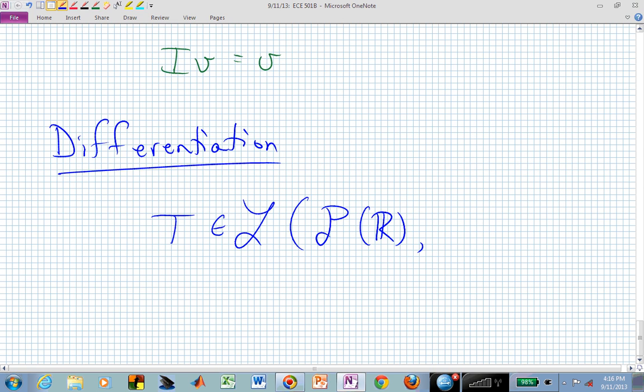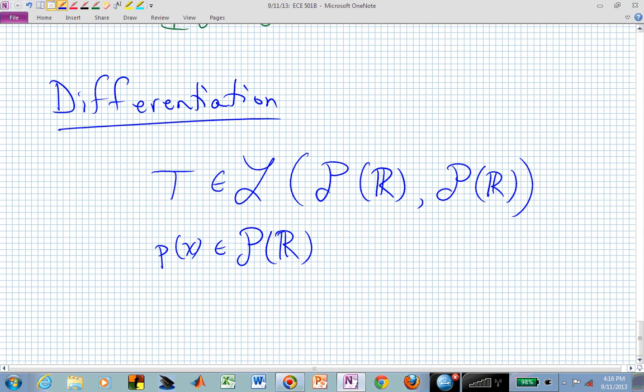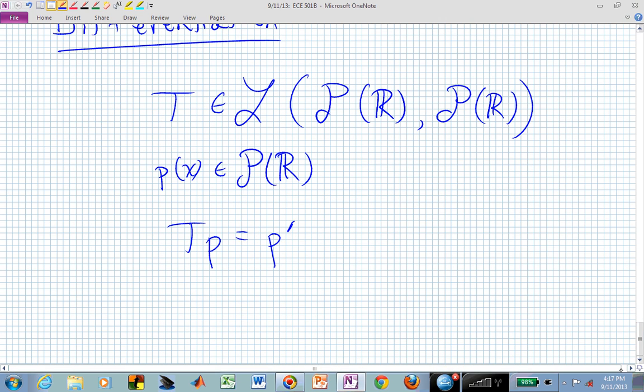Let's not get too specific right now. Let's just say that that maps back into itself, the set of all polynomials with real coefficients. That means that if you had a P of X pulled from this set of polynomials, then if you operate on that, we'll just say that that's P prime, the derivative of P with respect to X.